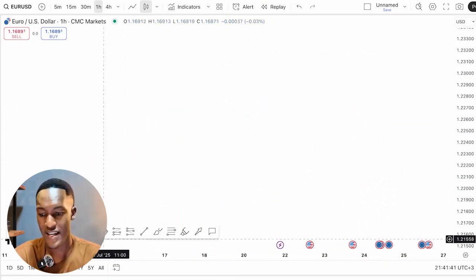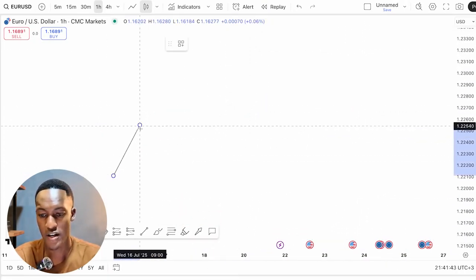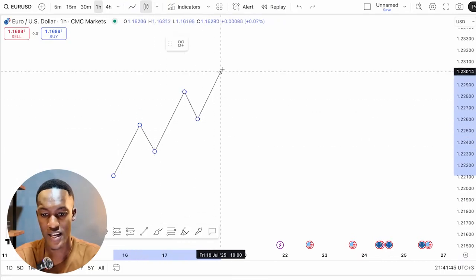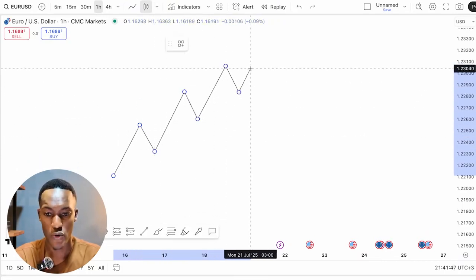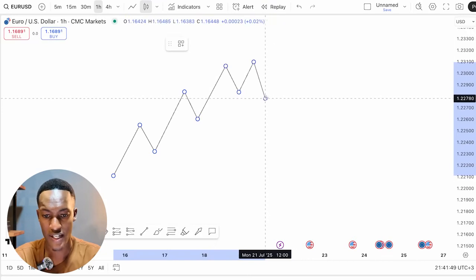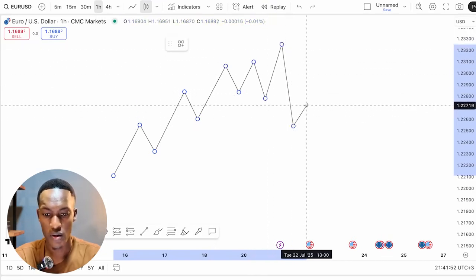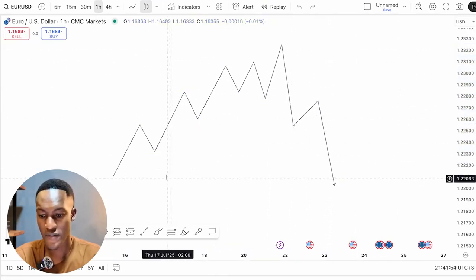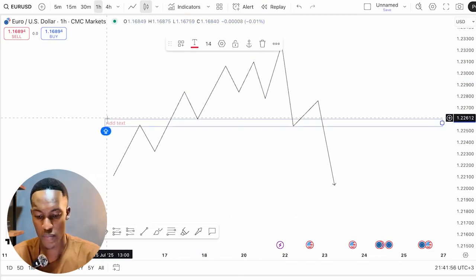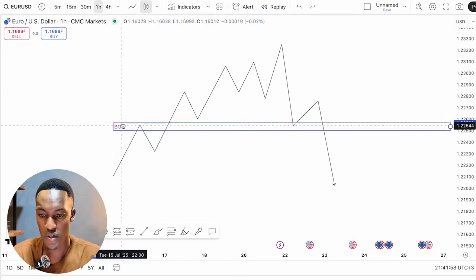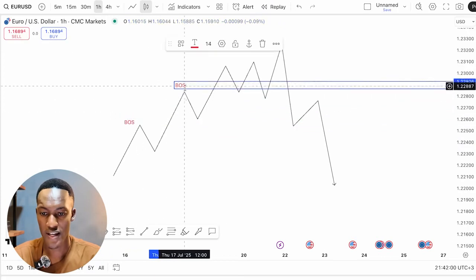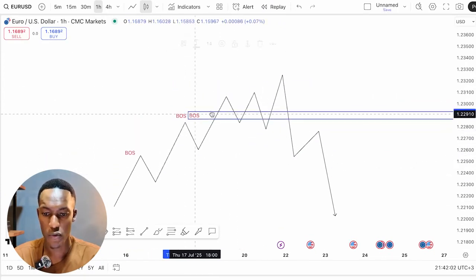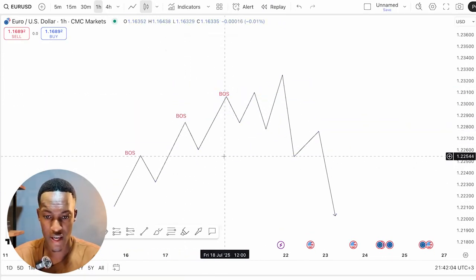Now, say we had a reversal, say initially we have a push to the upside, okay? And then now we do see a reversal, all right? Same thing again, we would have a break of structure here, all right? Then we could also have another level here, and then we also have another level here.